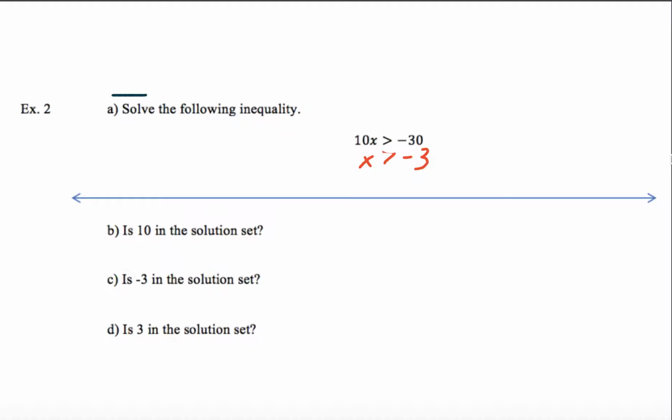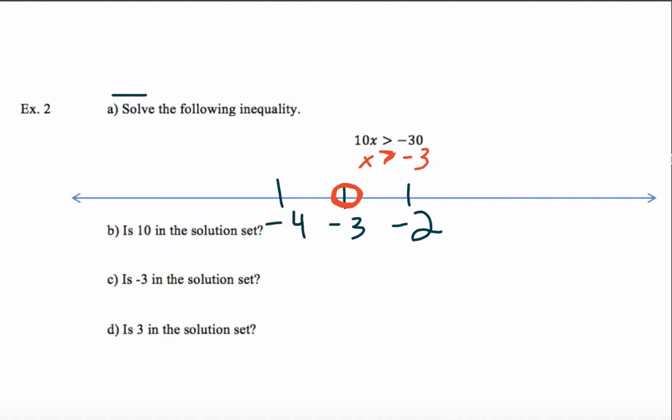To graph this inequality, again, I put the critical number, in this case negative 3, on the number line and a number to the left and the right. Now, this is the negative side of the number line, so notice there's negative 2 to the right and negative 4 to the left. This inequality symbol is greater than.